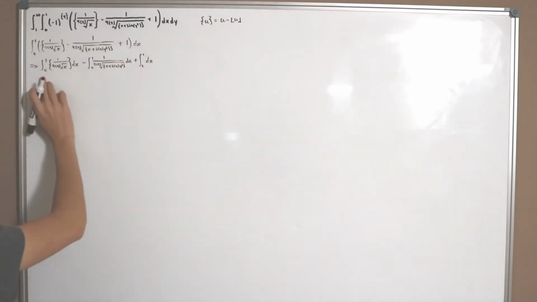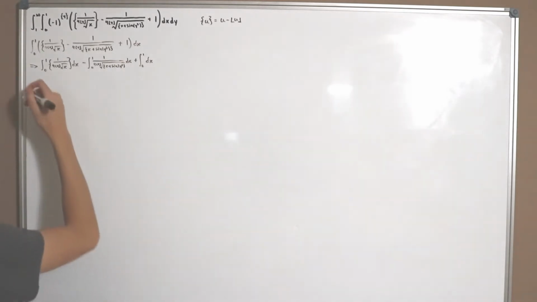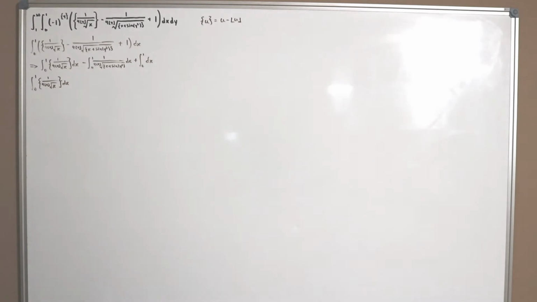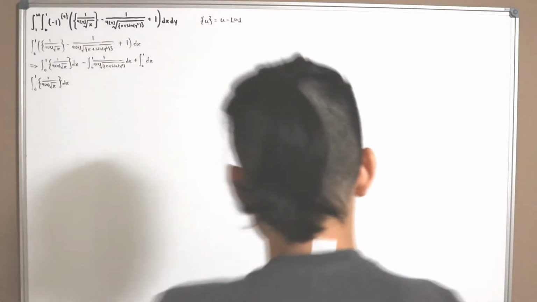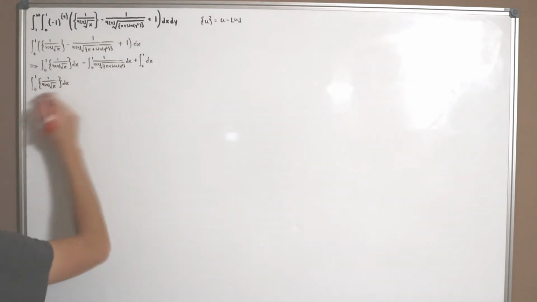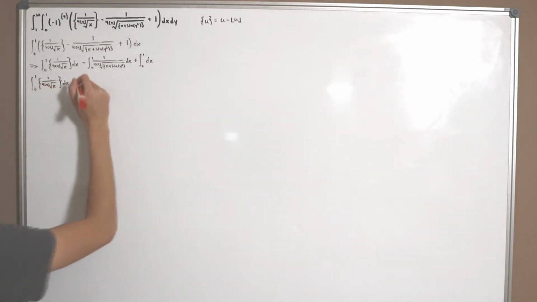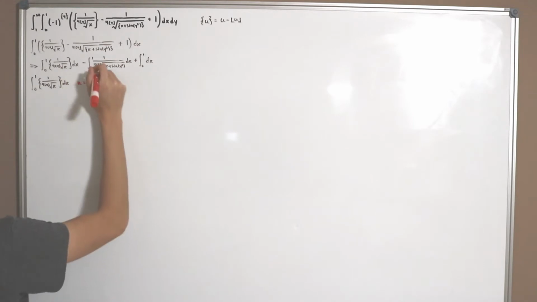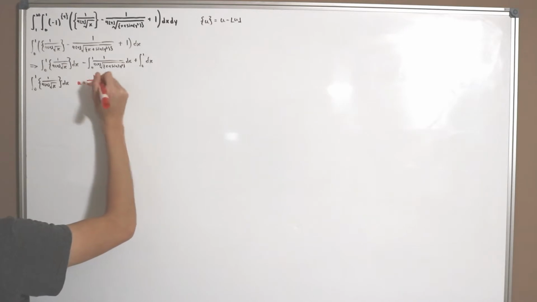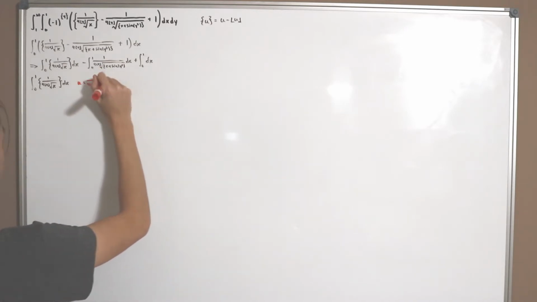Let's focus on our first one. The first integral is the fractional part. We're going to do a u substitution. Let u equal the inside of our fractional part, so let u equal 1 divided by 4 times floor of y root of x.